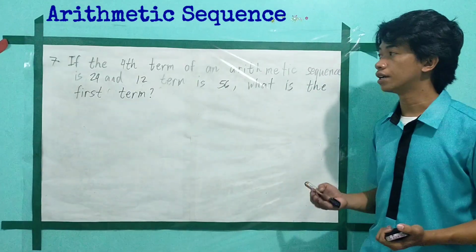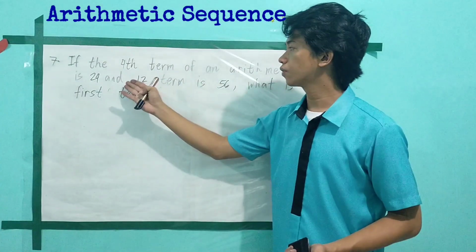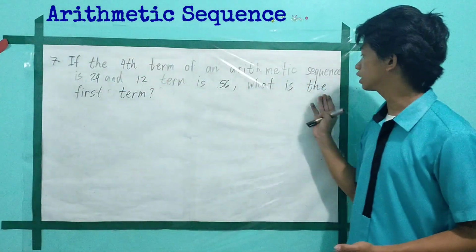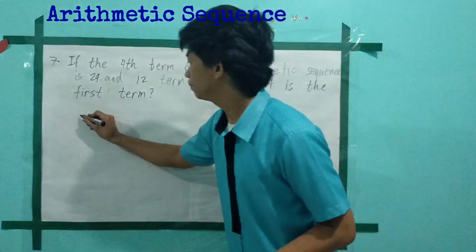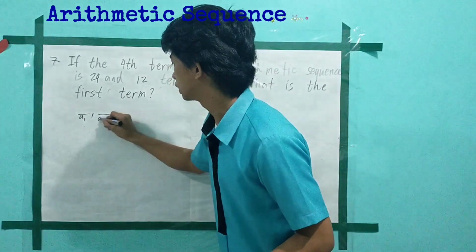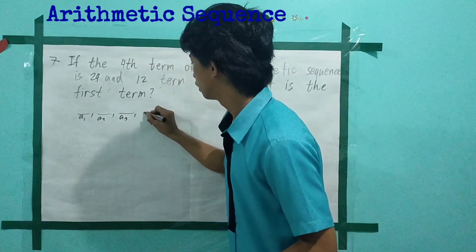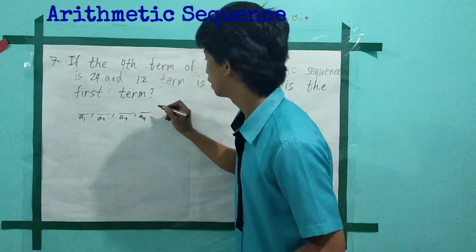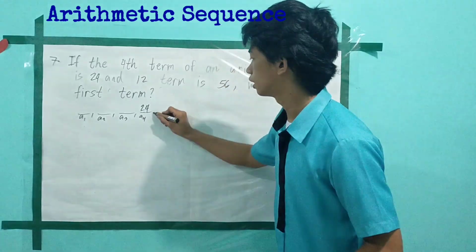Problem number 7. If the fourth term of an arithmetic sequence is 24 and 12th term is 56, what is the first term? So, illustrate muna natin. A sub 1, A sub 2, A sub 3, A sub 4. Ang A sub 4 natin ay 24.